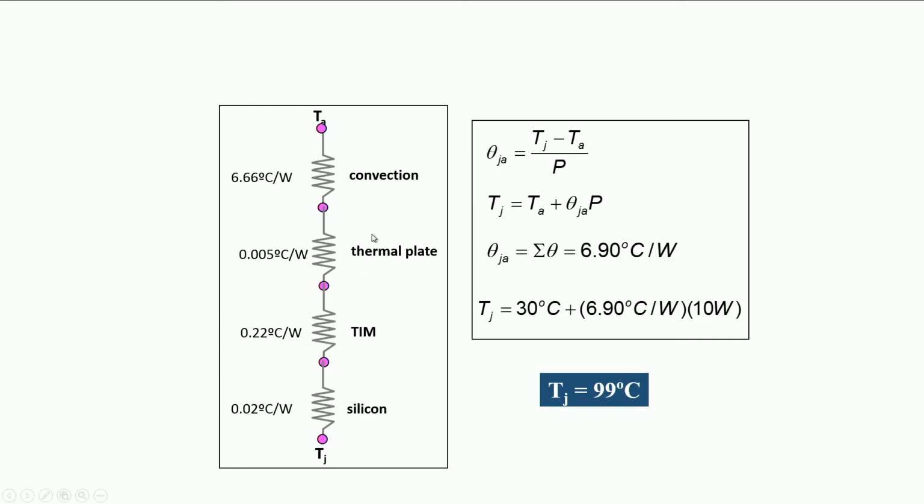I am going to focus on two areas. Can you tell me ways by which I can improve my convection heat transfer, thereby reducing this? And second, can you give me a better thermal interface material? If I can make this 0.22 to 0.1, 6.9 becomes 6.78.